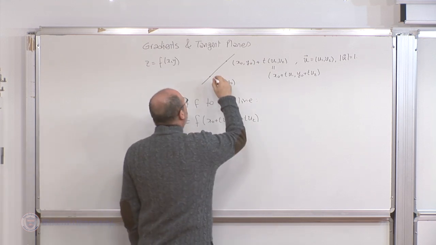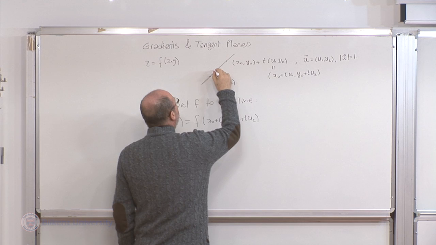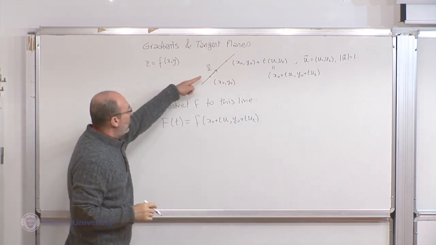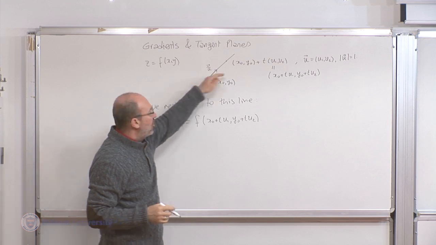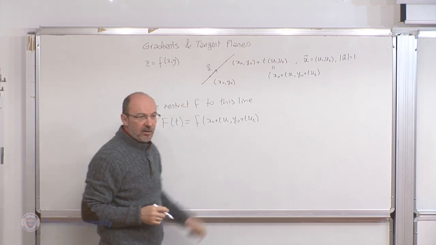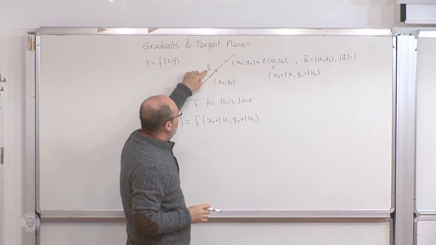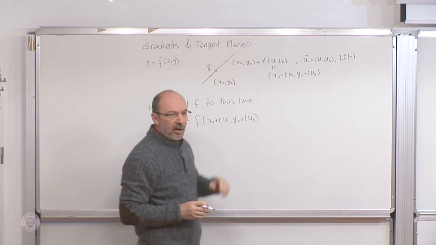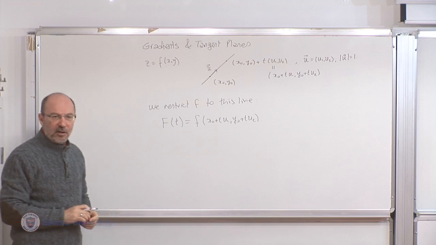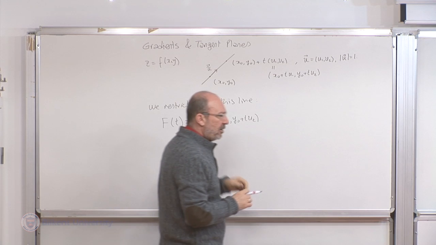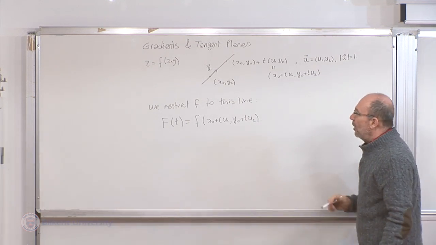So suppose this direction is u. If u points in the other direction, then algebraically we'll again write it like this. But when we look at the direction of u, it tells us in which direction we are moving as t is increasing.